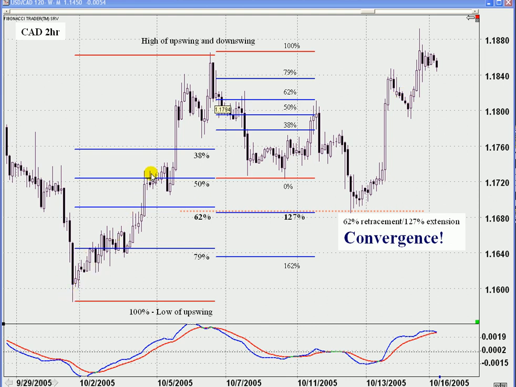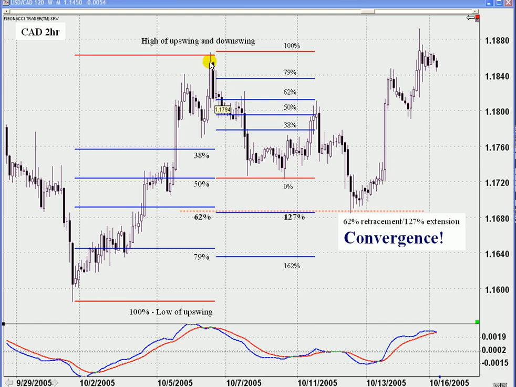Here we have a big swing and a retracement down to 62%. First price stalls at 50%. It actually bounces at 38%, then stalls at 50%, then moves and touches base at 62%.